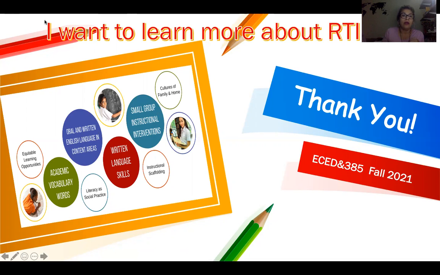They will learn everything, oral, writing, English language and content areas, where they will gain more language skills. Cultures of families and home are important. It's important that we are aware of that.